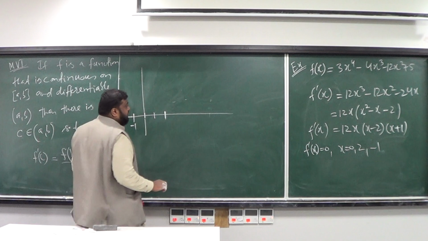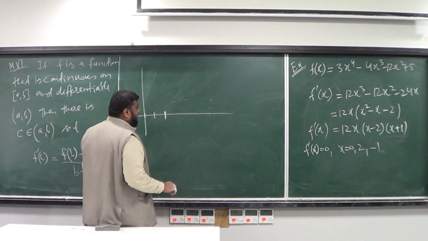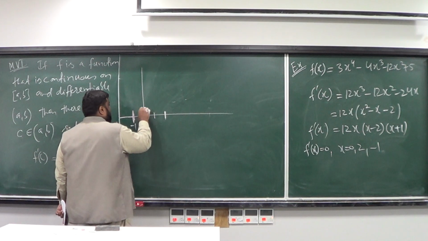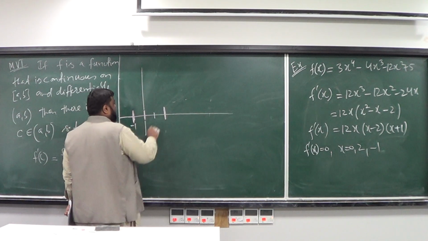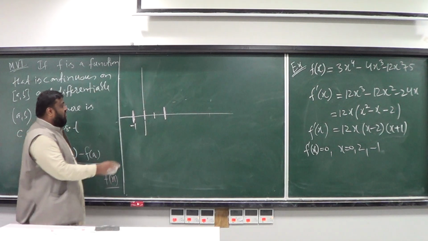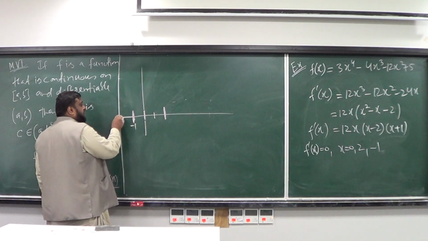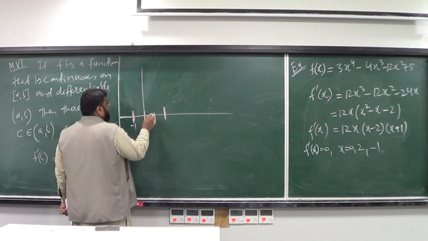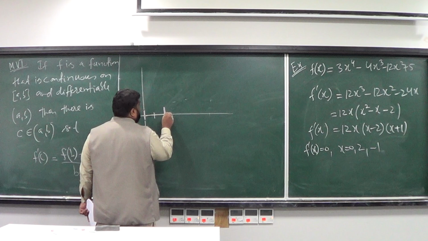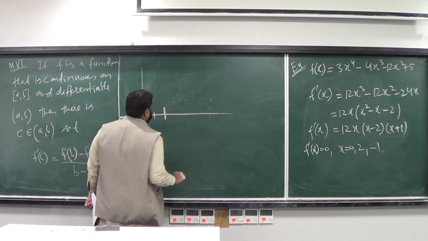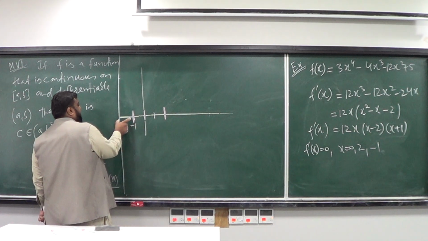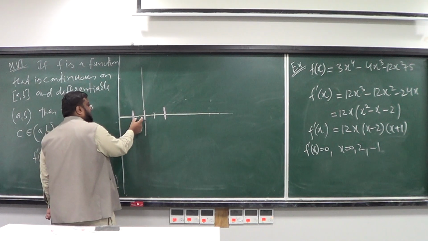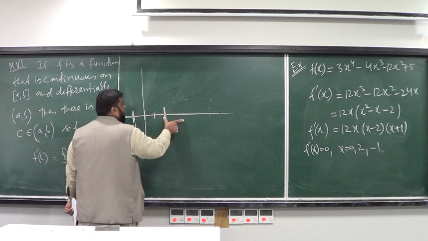So now, if you take these points, then these intervals are the intervals where you have to really take care of how the function is going to behave. In other words, the intervals between the pink points, here, here, and here.